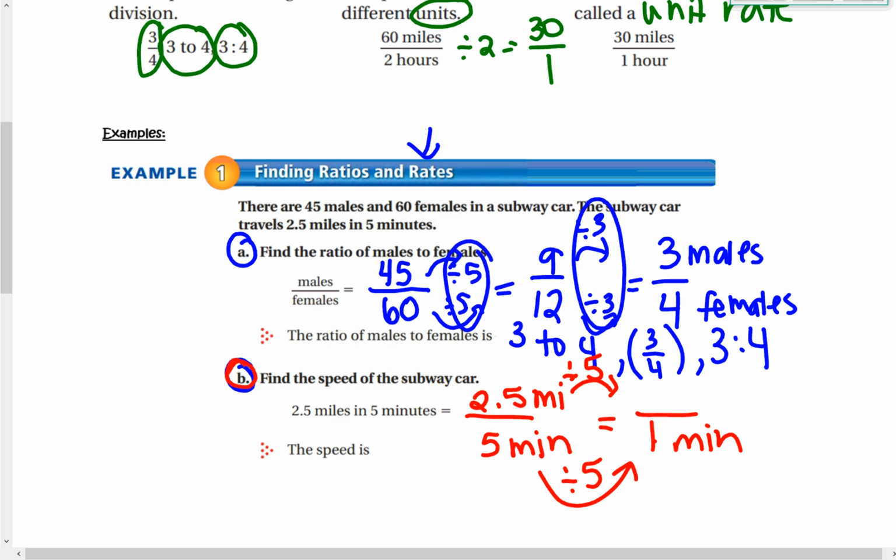In our calculator, we get 0.5, and that's miles per minute. Okay, so the speed is 0.5 miles per minute. So a half mile every minute.